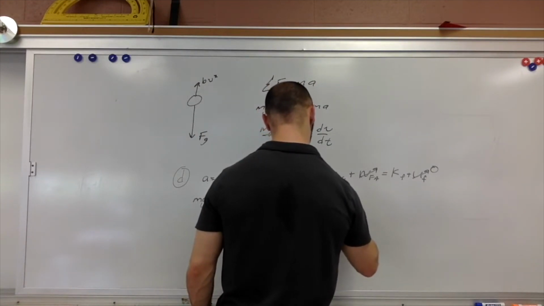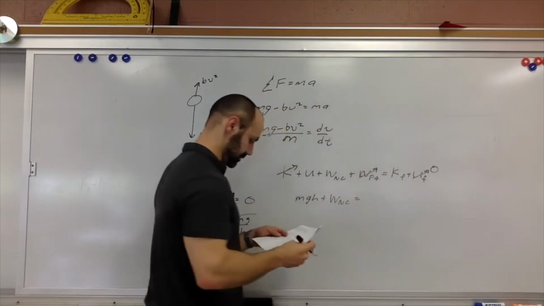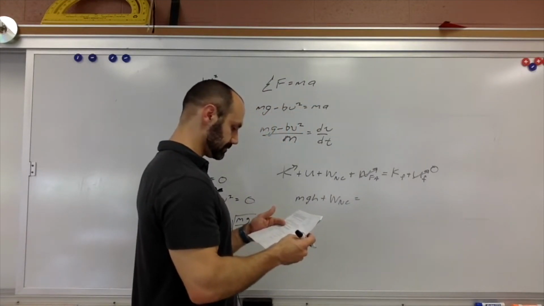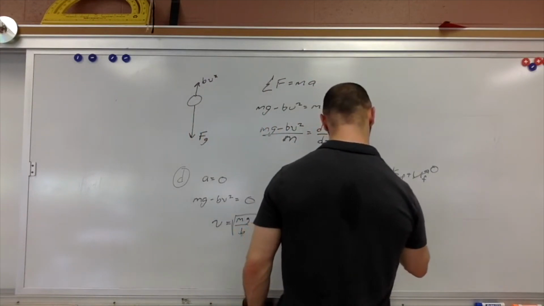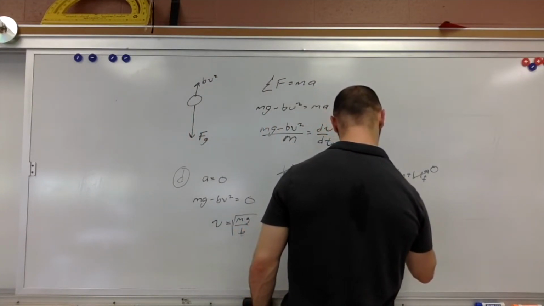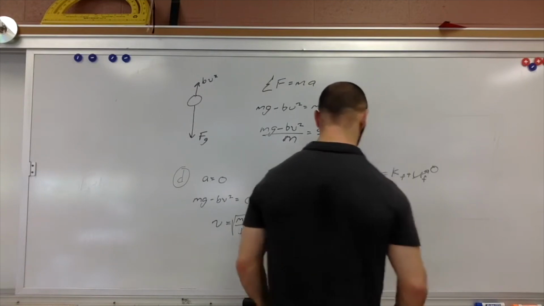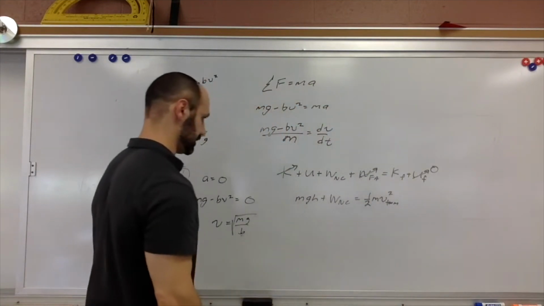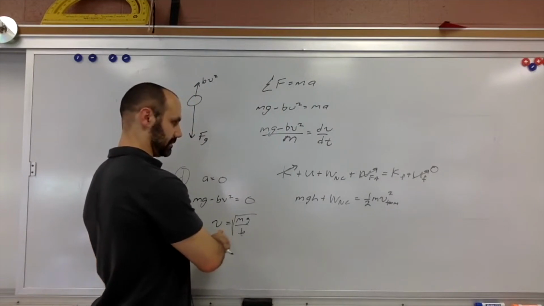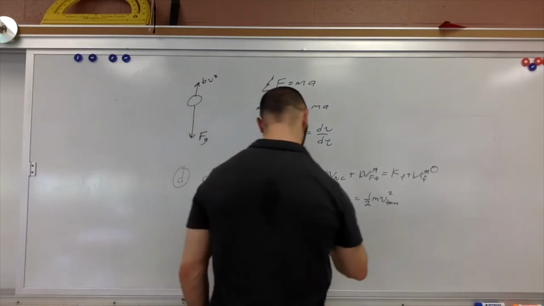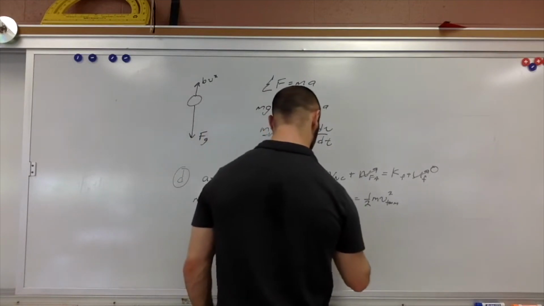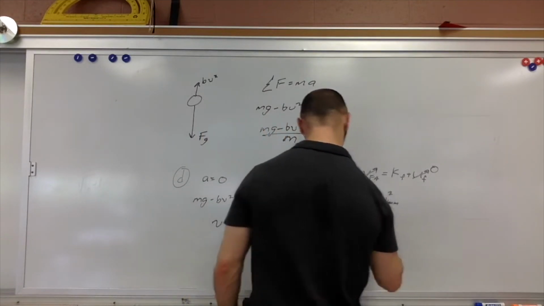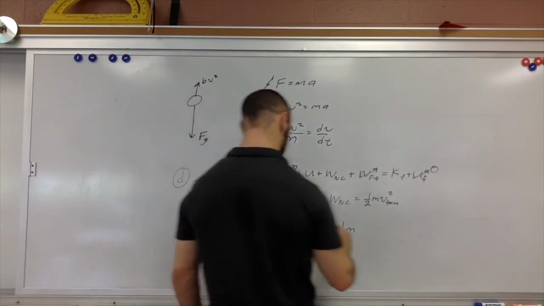plus the work done by non-conservative forces, equal to, and then I want to know the final. So this is 1/2 m v terminal squared. Right, that's the terminal velocity. But notice I solved for that here. So that's going to be kind of nice. So the work done by the air resistance is going to be 1/2 m times this thing squared. So this is mg over b.